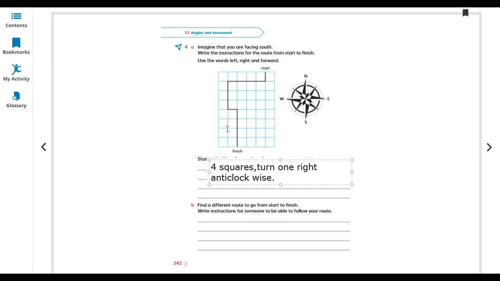Move three squares. To south. Now we are here. Then turn one right angle anti-clockwise again. Same like this.